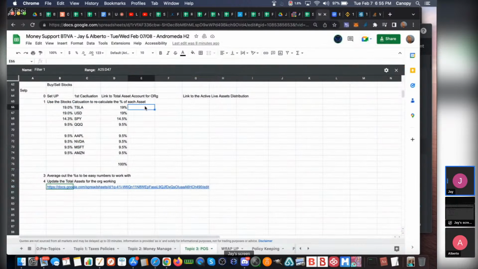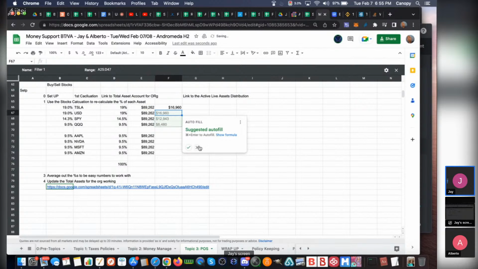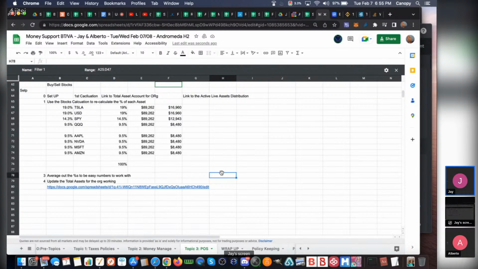And then I'm going to go ahead and put that next to all these percentages. And then we can start getting a look at how much we are going to consider having for each of these assets. Yeah. So about 16,000 Tesla, about 12,000 SPY, about 8,000 everything else.